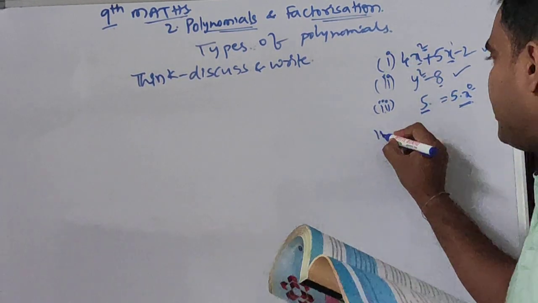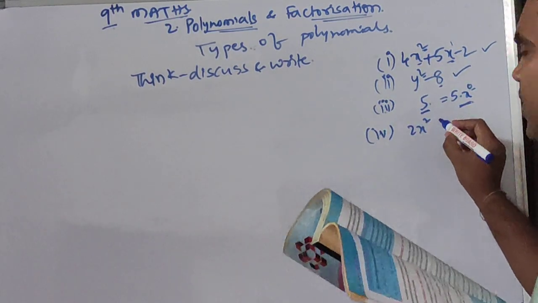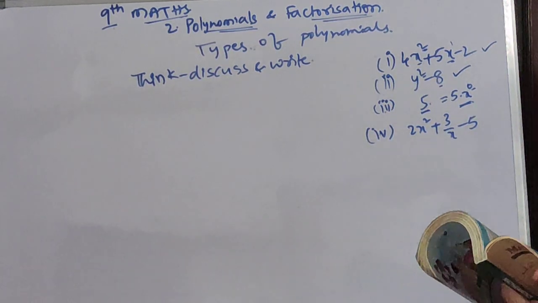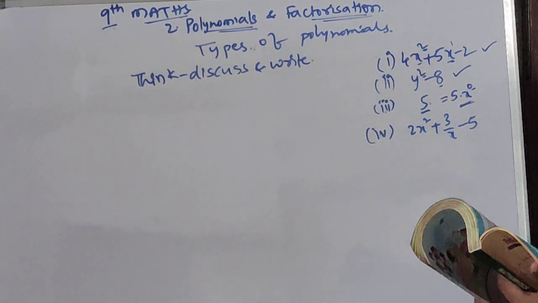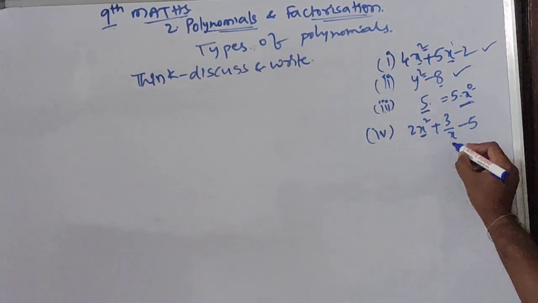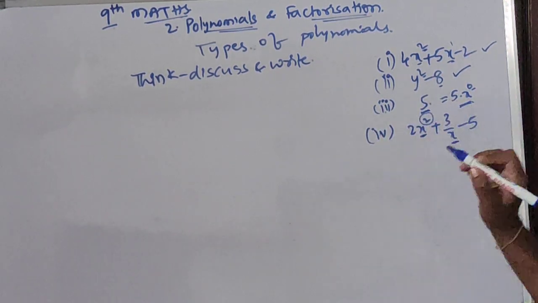Next, fourth one, 2x square plus 3 by x minus 5. If we observe, the variable is x, here x and here also x. x square, 2 is a positive integer.